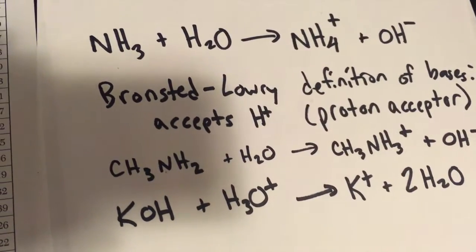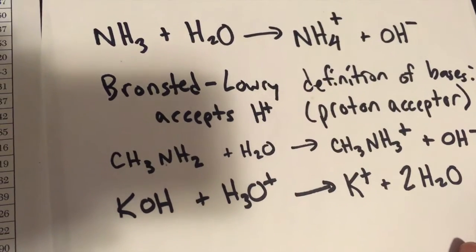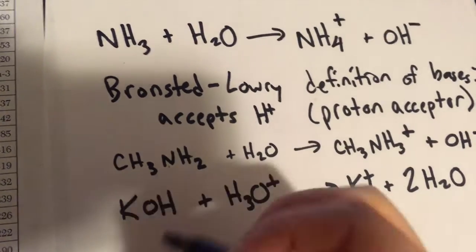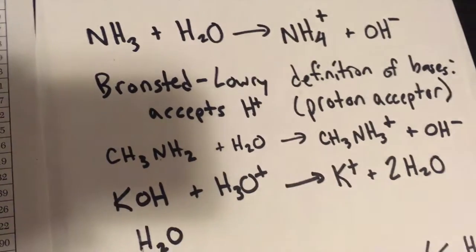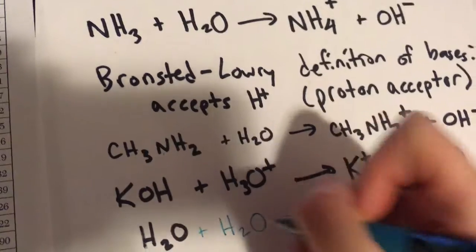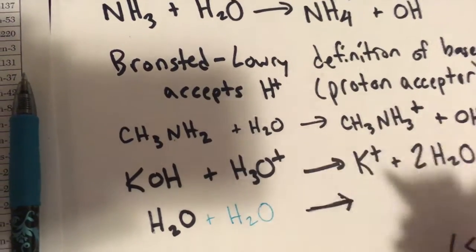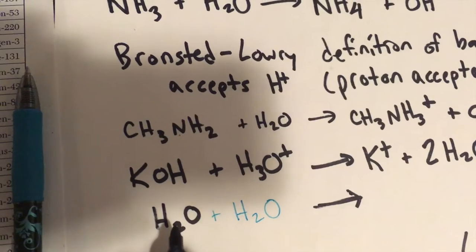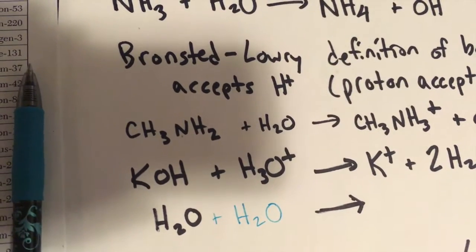It turns out that some substances are what's called amphoteric, which means they can act as an acid or a base, right? Water is one of those. So water can react with itself, and I'm going to use 2 different colors to show what's going on. When water reacts with itself, one of these water molecules can grab a hydrogen off of the other water molecule.